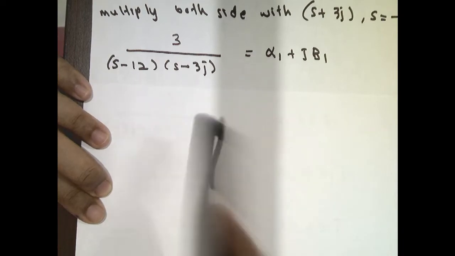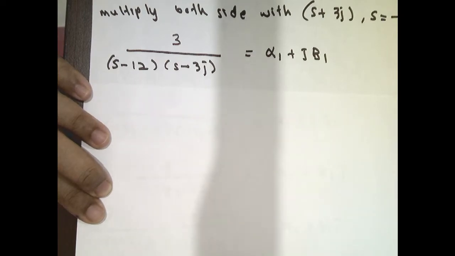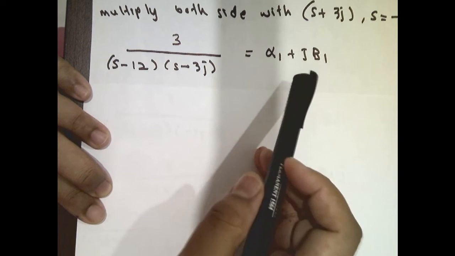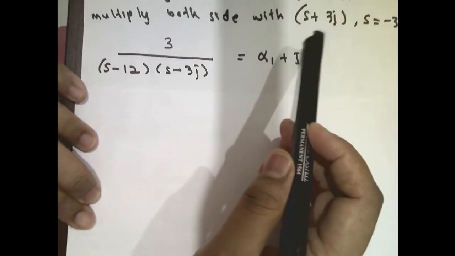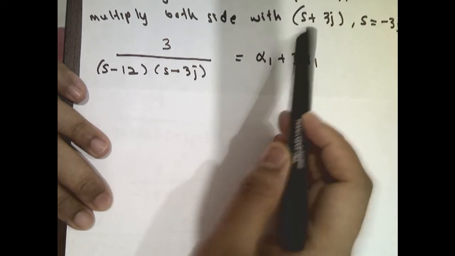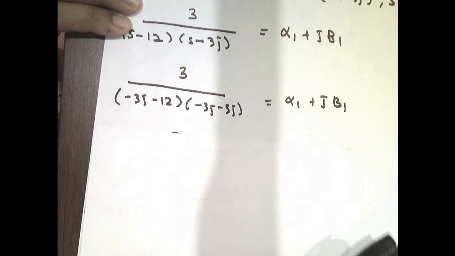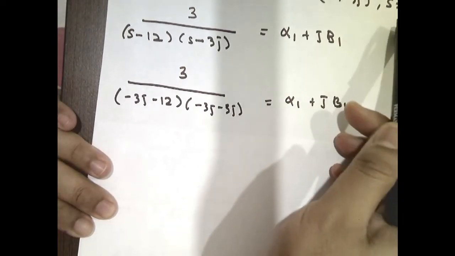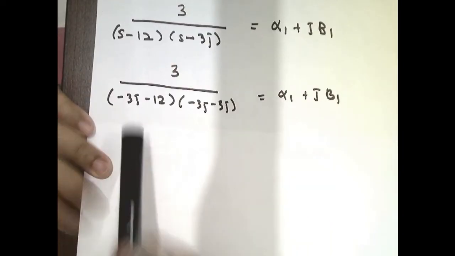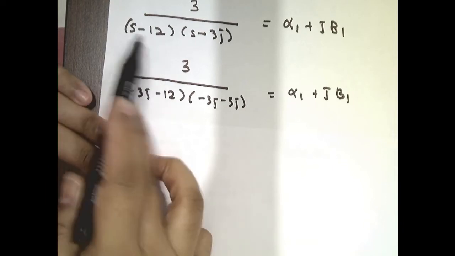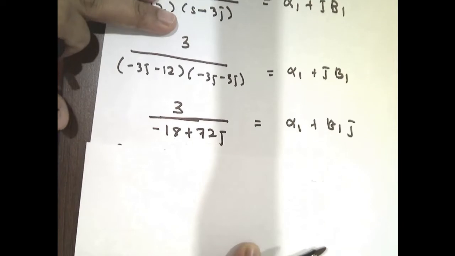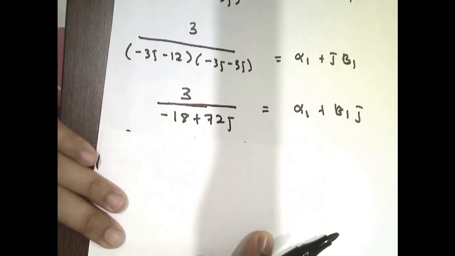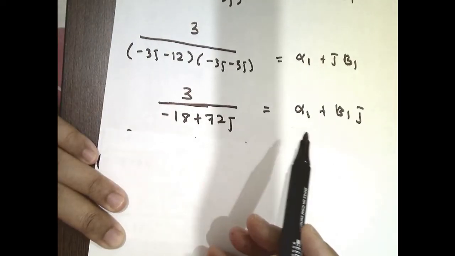So just now we get this equation, right? By first multiplying both sides with s plus 3j and s minus 3j. After that, we substitute negative 3j into s. Just substitute into s, then we will get this equation. After simplifying, we will get this equation.